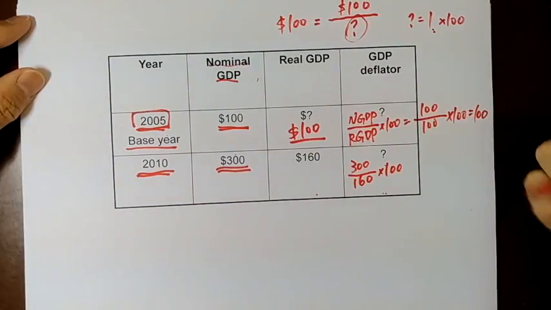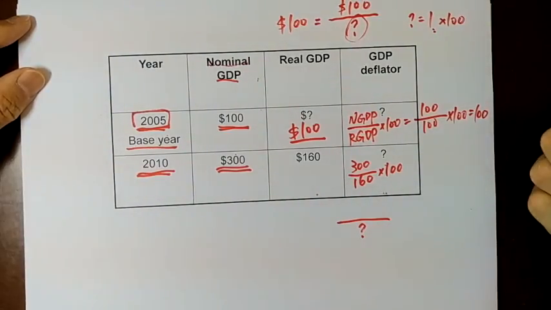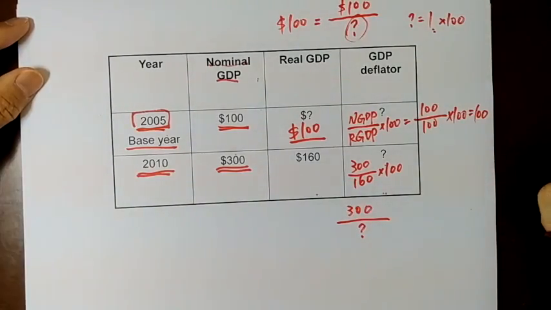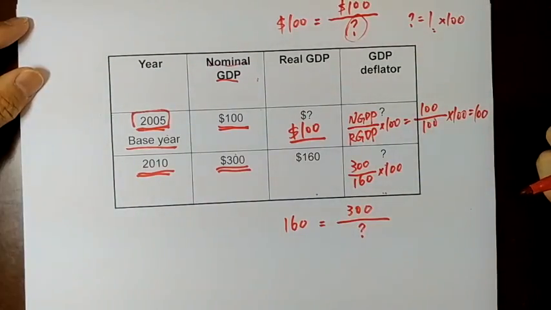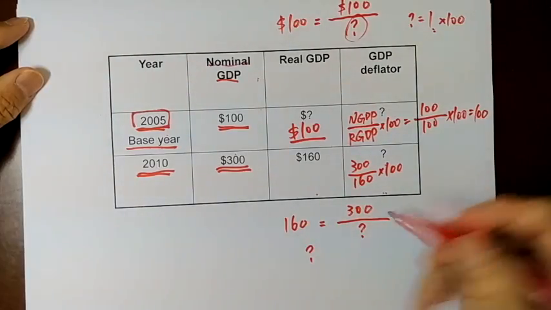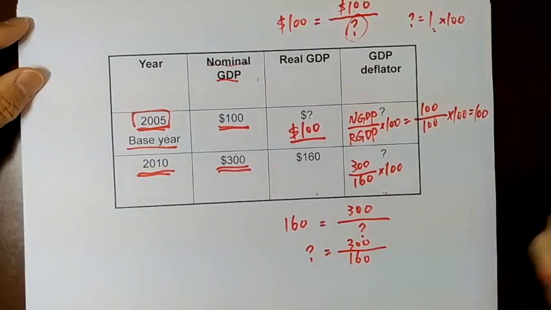Or GDP deflator is used to deflate the nominal GDP to get real GDP. Therefore, do the cross product, question mark is 300 divided by 160.